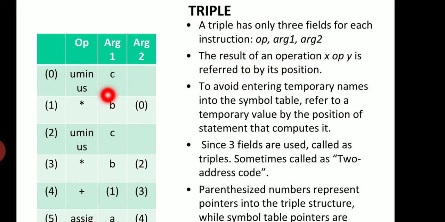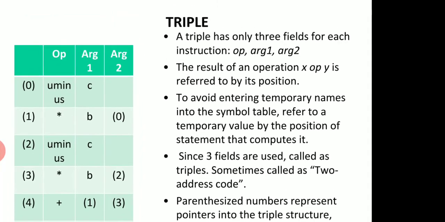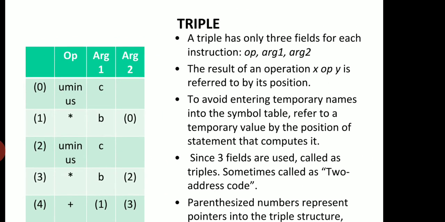Here we know that for minus c, the result will be stored in position 0, shown as a parenthesized value within brackets. So temporary variables have been eliminated and the positions are shown. Since there are no temporaries, they will not be entered into the symbol table.